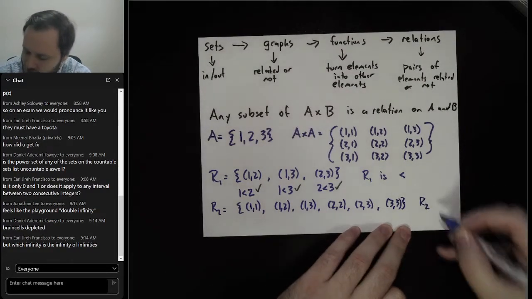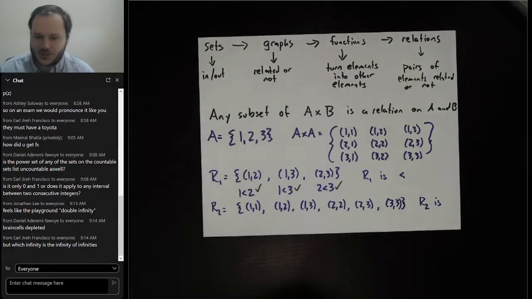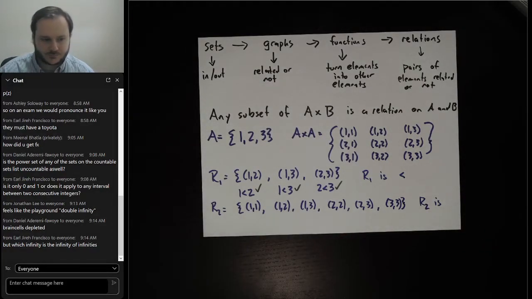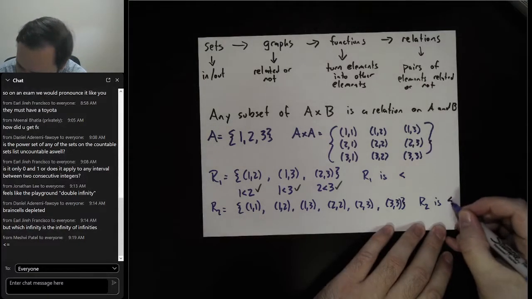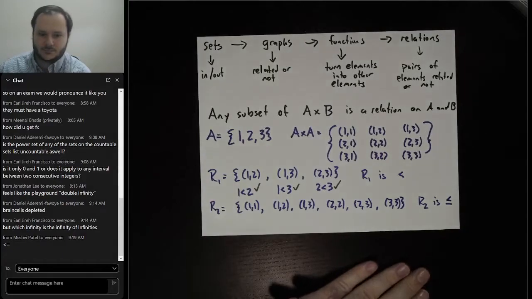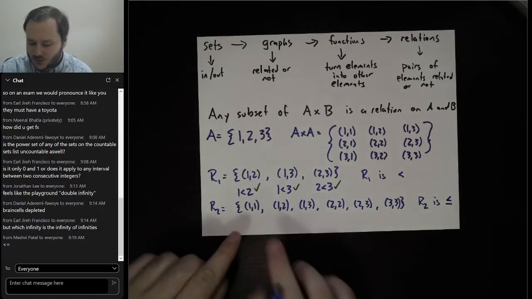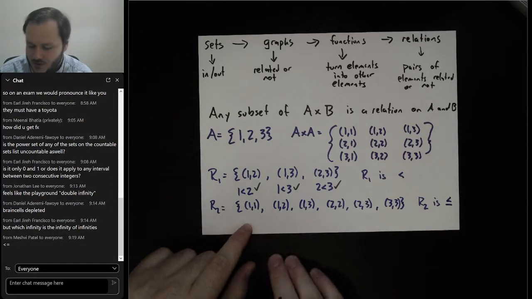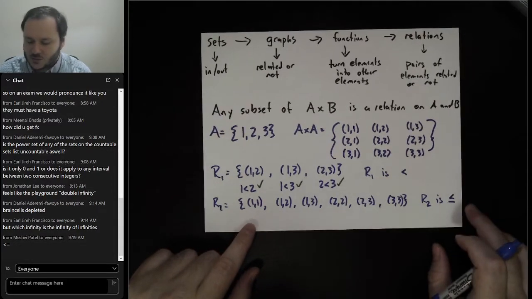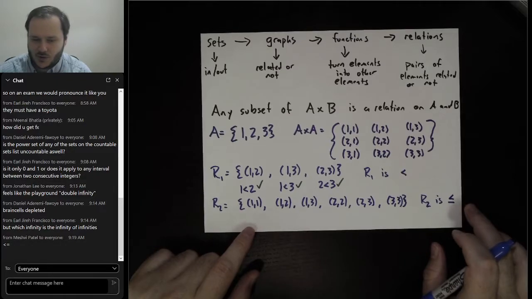What is the name of this relation? This is less than or equal to. Right, these are all of the pairs in here where the first number is less than or equal to the second number.